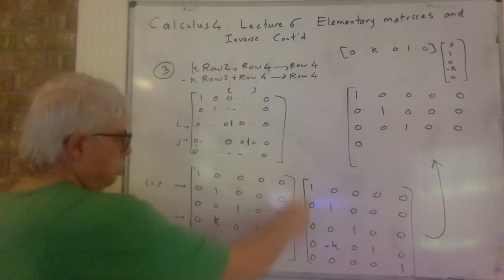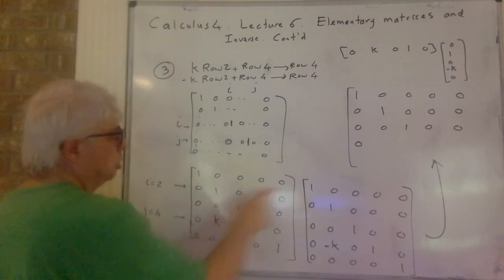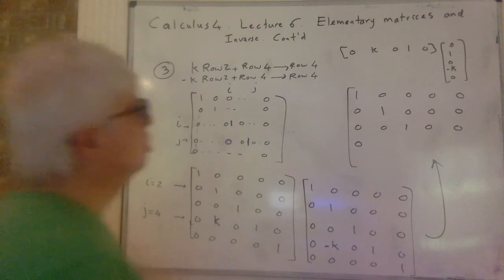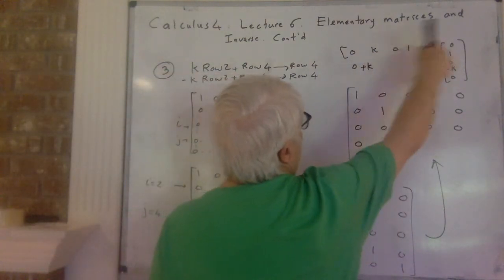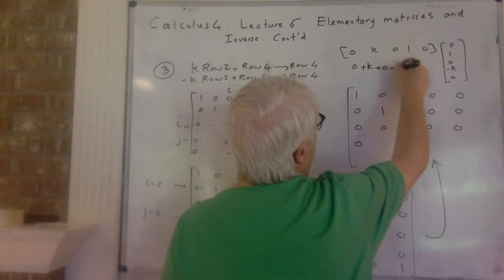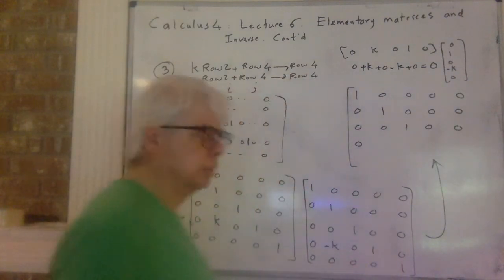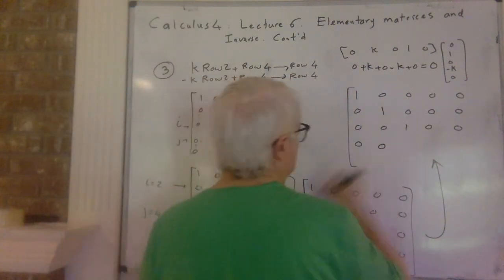This times this will give me 0, because there's just 1 here, 0 times 1 is 0. So it's 0 plus k times 0, 0, 1 times minus k, plus 0. Wow, 0. So this one is also 0.